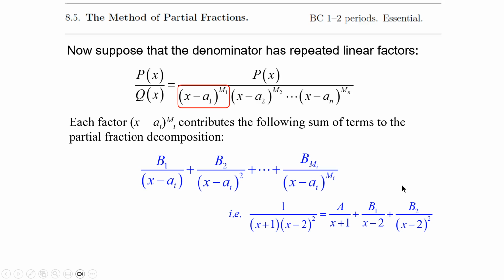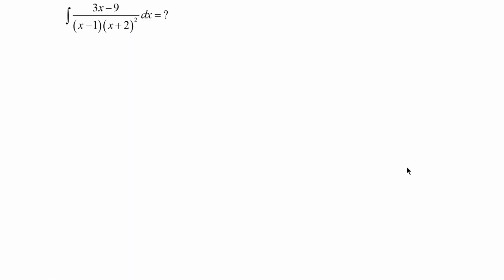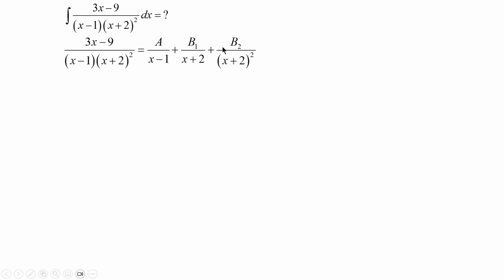We're going to have one more little step here. All right, so let's solve this baby right here. So you guys see that we have what? An a over x minus 1, a b sub 1 over x plus 2, and a b sub 2 over x plus 2 quantity squared.